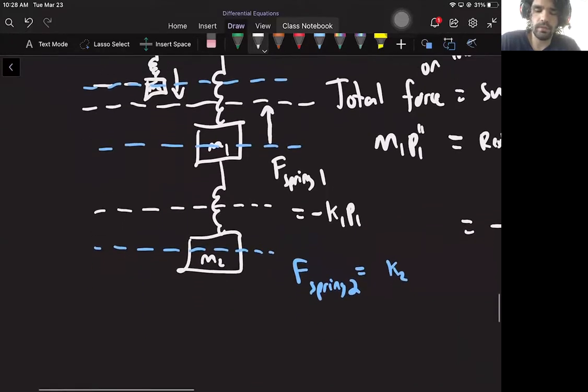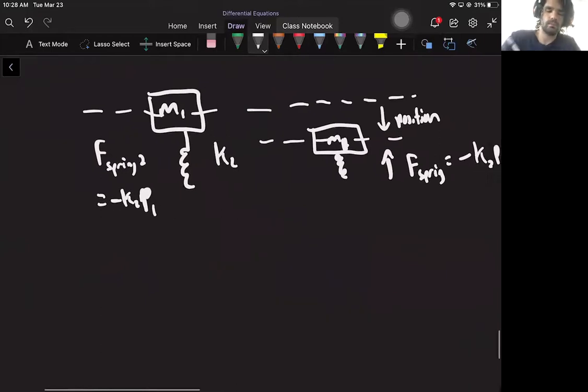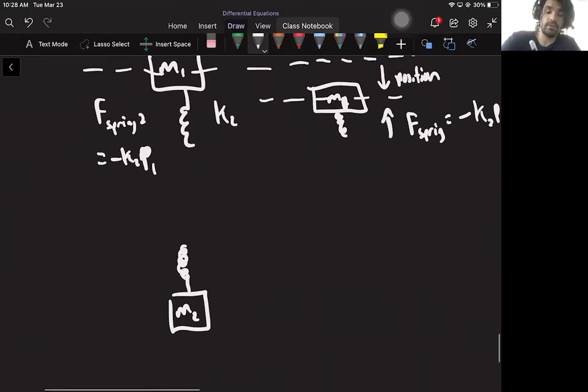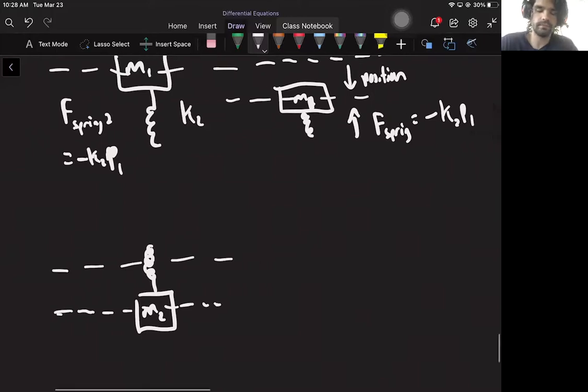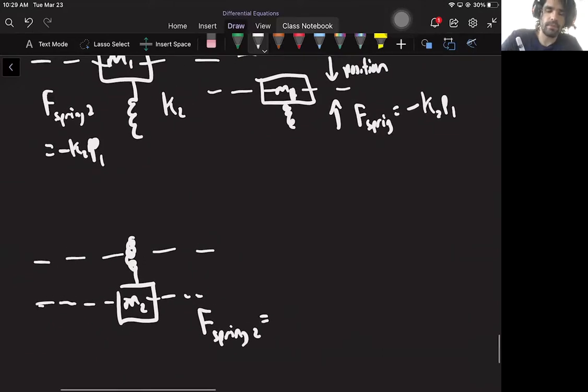And so let me draw mass 2. So the idea is that if mass 2 is like away from equilibrium, then there's a restoring force there, which pushes back. So like if the spring is down, like in this situation, below equilibrium, then the restoring force wants to push up.